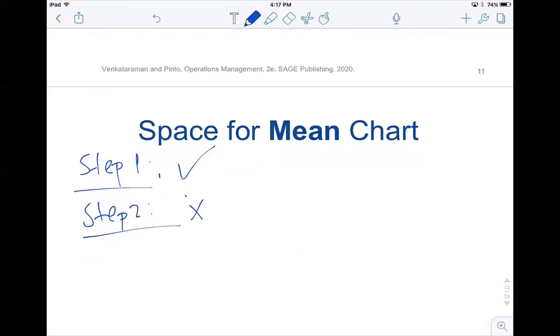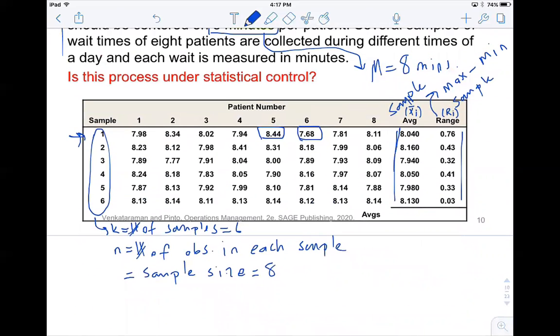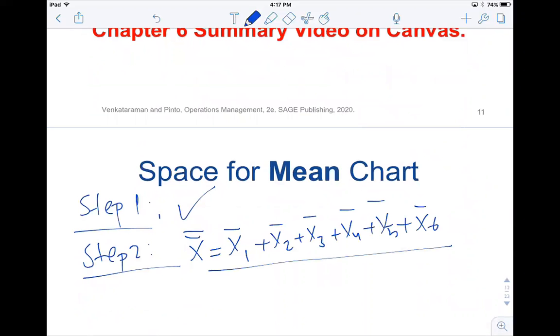How do we do that? X bar bar is just x1 bar plus x2 bar plus x3 bar plus x4 bar plus x5 bar plus x6 bar, divided by 6, because we have 6 different samples. It is just adding these values up and dividing by 6.